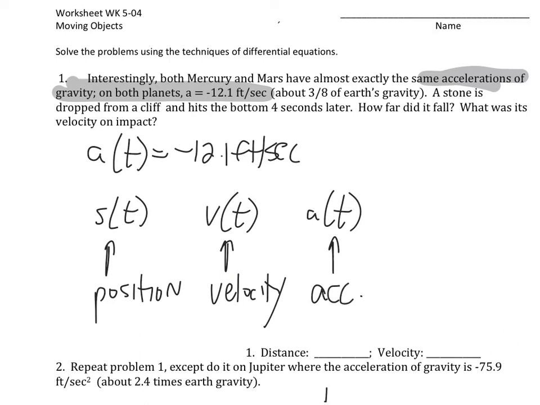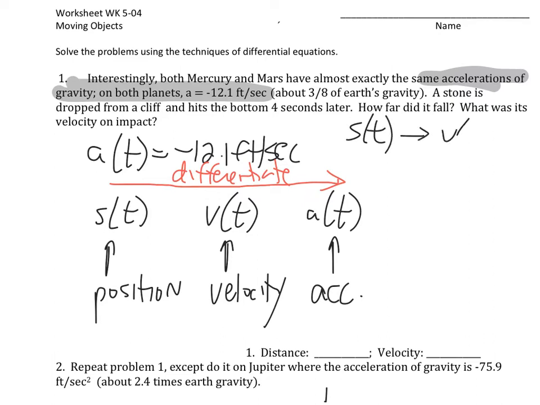And when you go from the position function to the velocity to the acceleration, when you go to the right, you have to differentiate the prior function. So for example, if I have S of t and I want to find V of t, I would just take the derivative of S of t because that's what the velocity is equal to. So the velocity is equal to S prime of t.